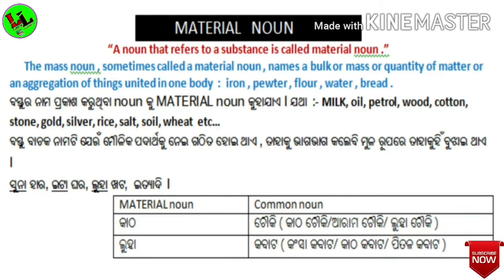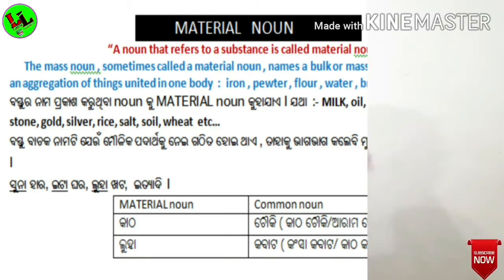Just like stone is a material noun, whereas an image which is made from stone is a common noun. Now see, the difference between the material noun and common noun will definitely help you, and you can easily differentiate between material noun and common noun.